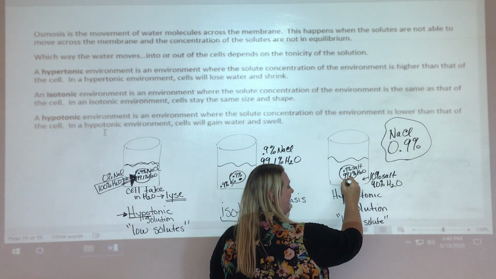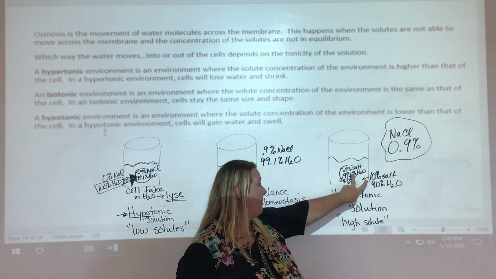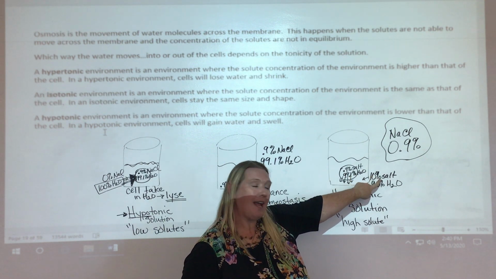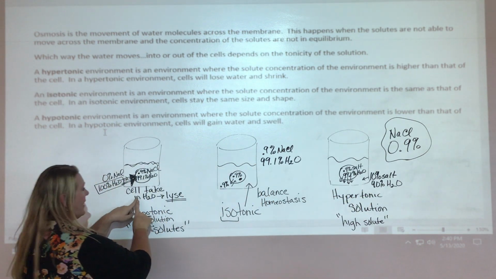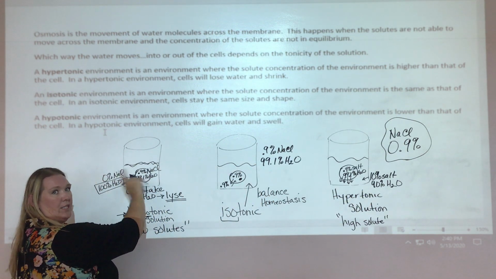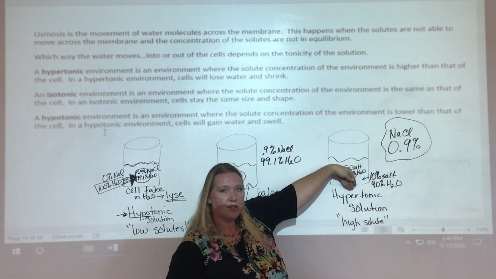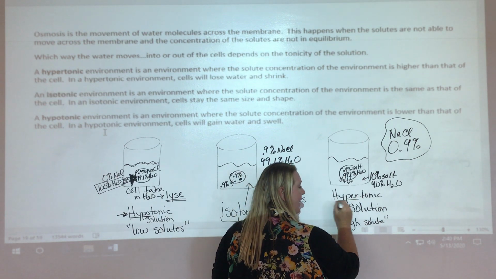So water is going to leave the cell, trying to balance these numbers. It's too concentrated out there, it needs to be diluted. It's too concentrated in there, it needs to be diluted. So it needs to add water to the outside. There's a lot of ways to word this.